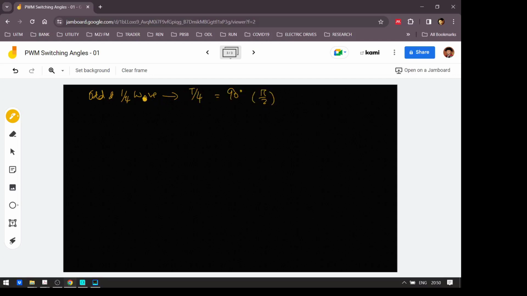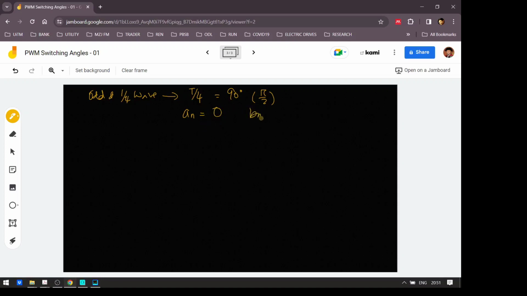And what else? The characteristic is an always equals 0. So all values of an will be equal to 0.